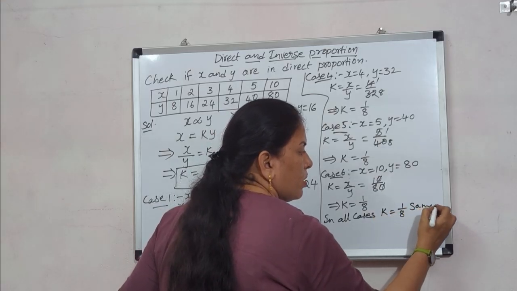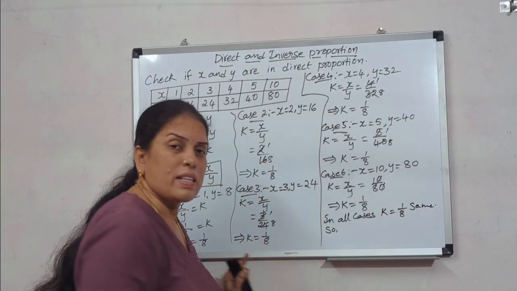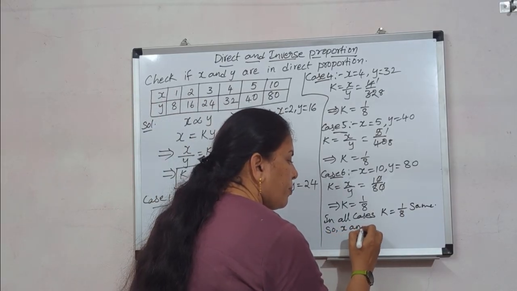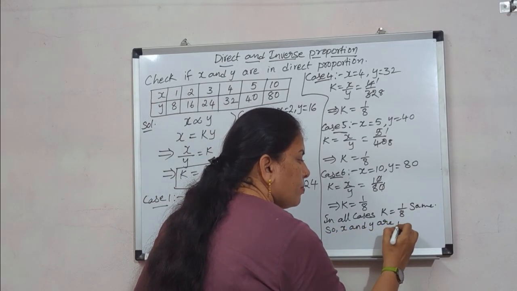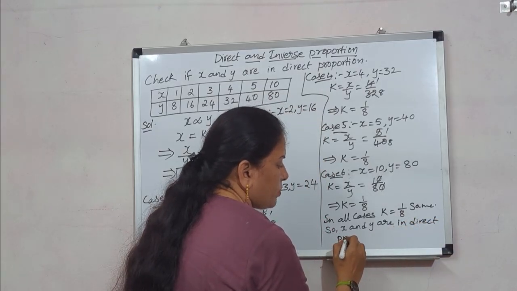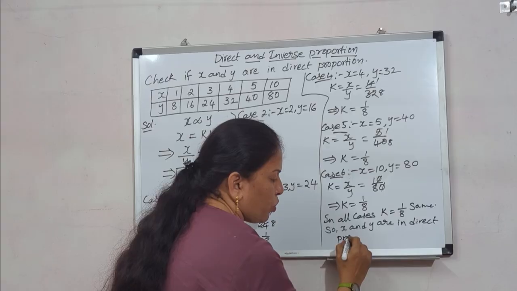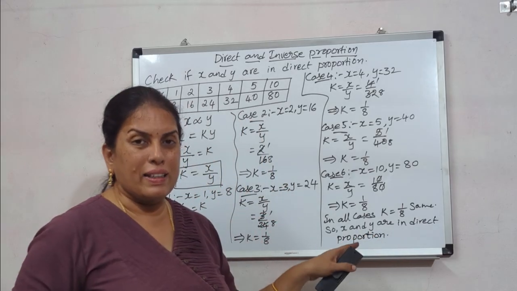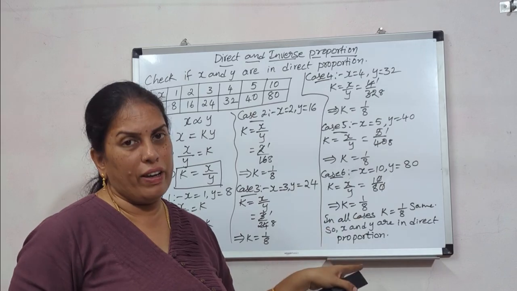So, x and y are in direct proportion, or direct variation. Both are the same only. Understood? Like this, we must solve the given question.